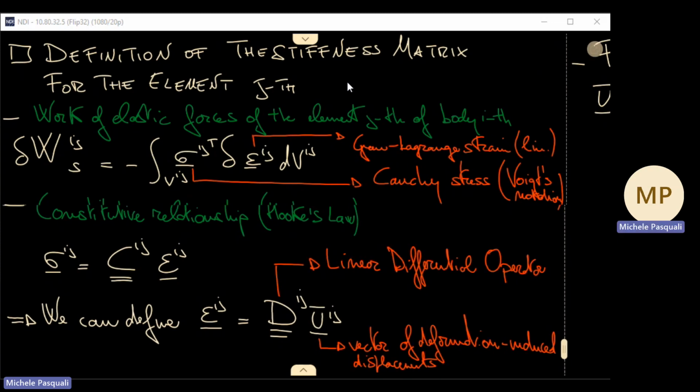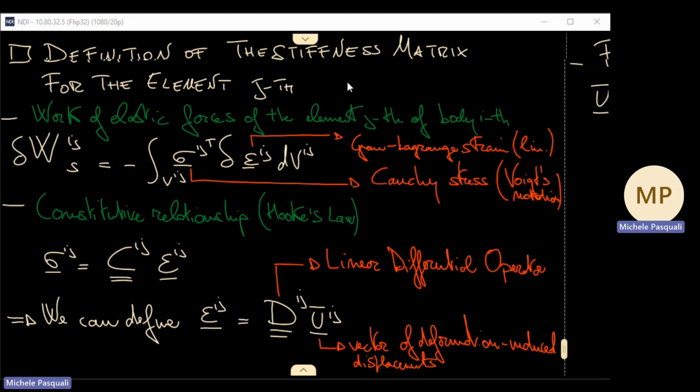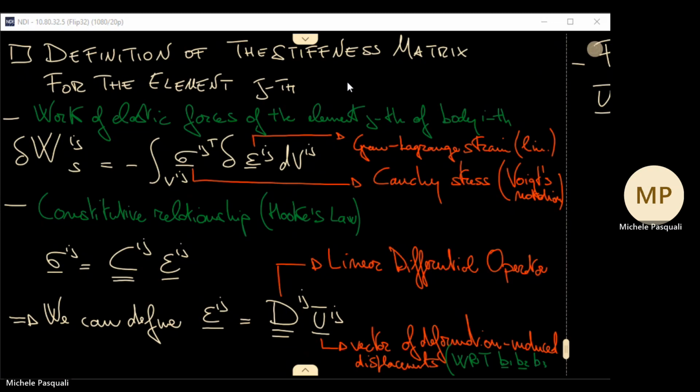It's the vector of deformation-induced displacement for the element, but described with respect to the body frame. So with respect to B1, B2, and B3. Is it clear?